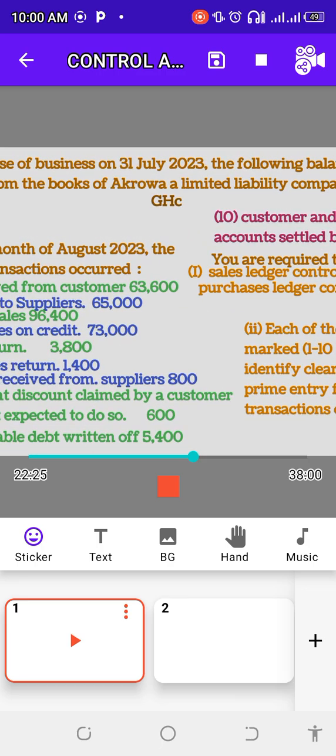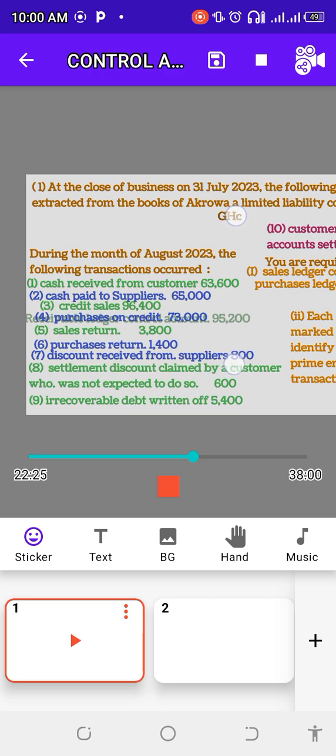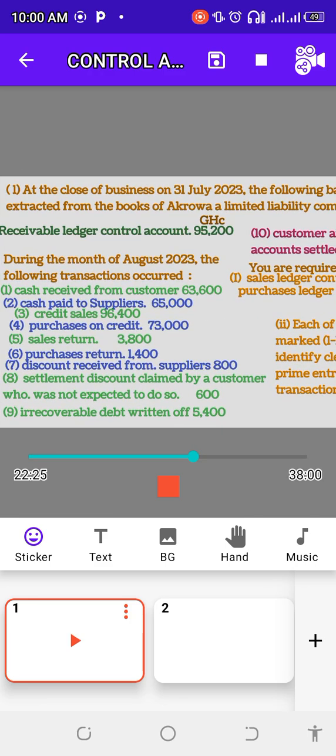Now, what you will do in this question is to first of all identify all the items that are for sales ledger control account and all the items that are for purchases ledger control account. After identifying them, you then start the sales ledger control account using all the items for sales ledger control, and the purchases ledger control account using all the items for purchases ledger control, and that is all.